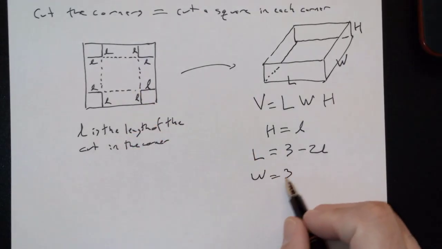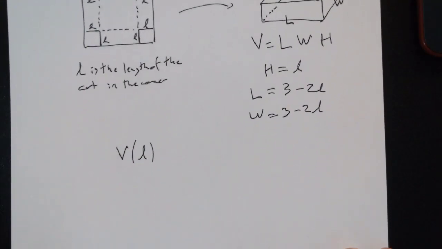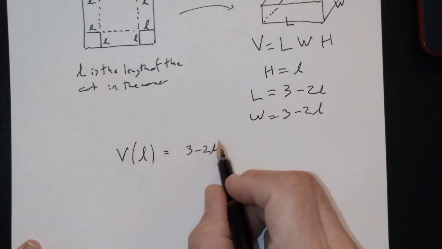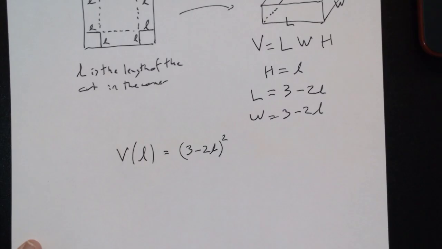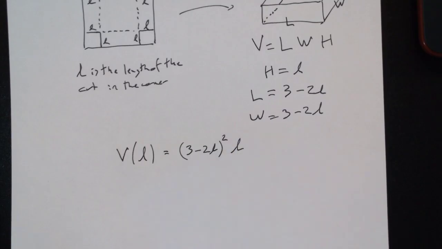Great. Which means I have a formula for the volume of the box that is a function of one variable, the variable l. The volume in terms of little l is length times width. They're the same thing, so I'll just square it, times height. Ta-da!